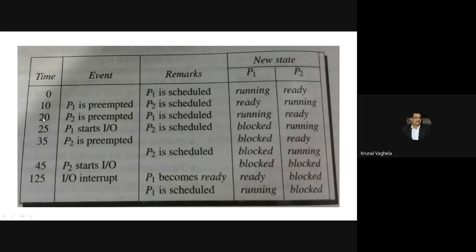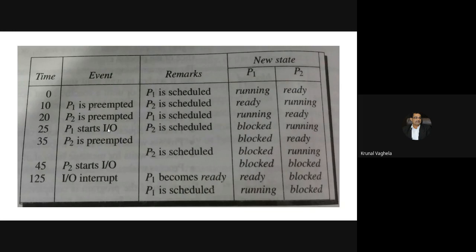After, consider, 10 milliseconds, P2's time is over. Now its time is over and P1 is scheduled. The same way, now P1 is again running and P2 is ready. After, for example, 5 milliseconds, P1 will start an IO operation.